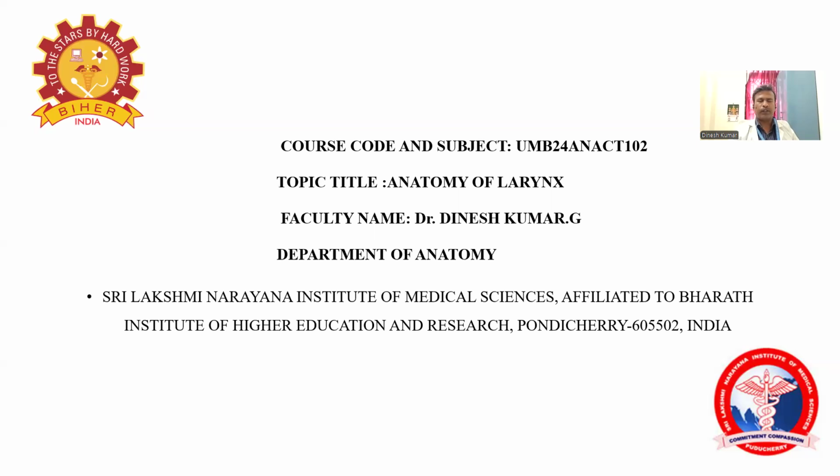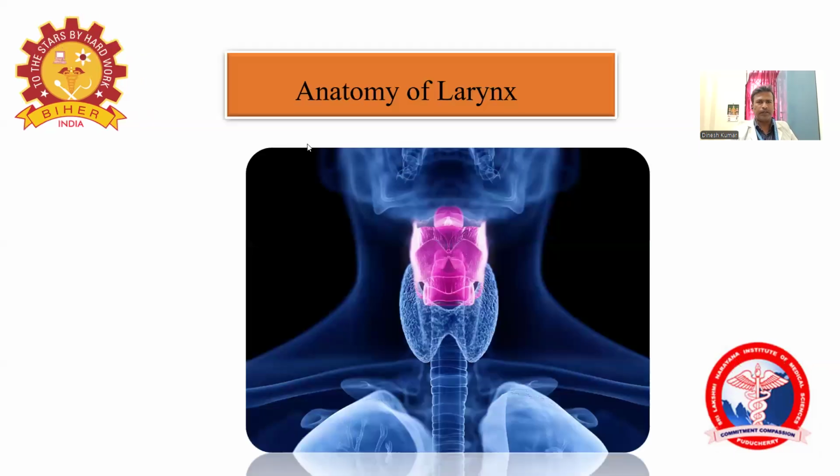Today we are going to talk about the anatomy of the larynx. The larynx is the voice box, mainly for the purpose of phonation and respiration. See, this is the larynx in the image. The larynx is located in front of the neck at the level of C3 to C6 vertebra, in front of the cervical vertebra.